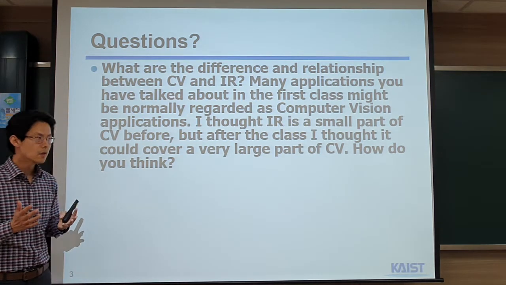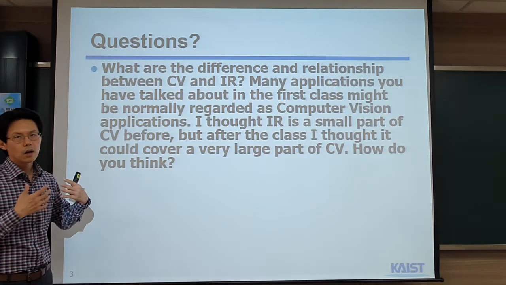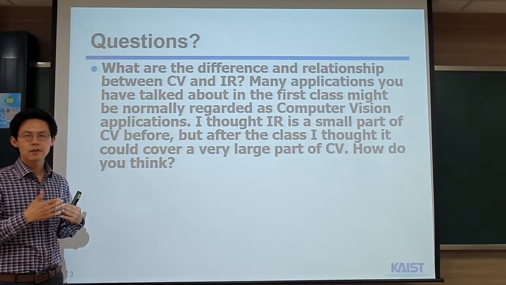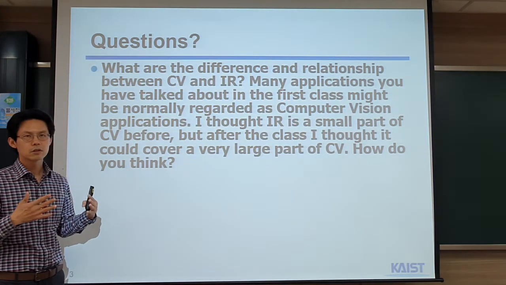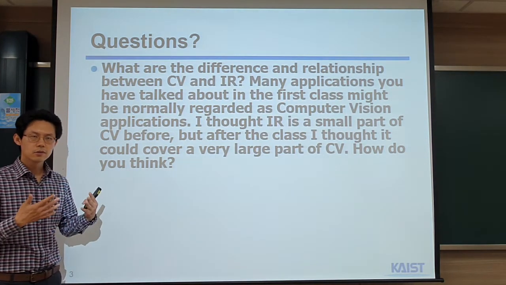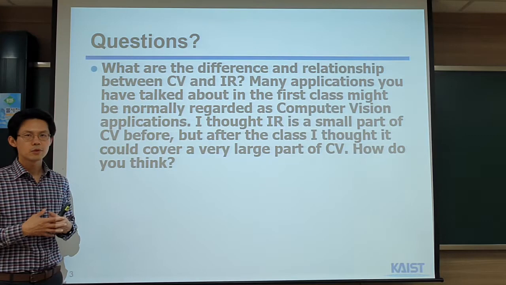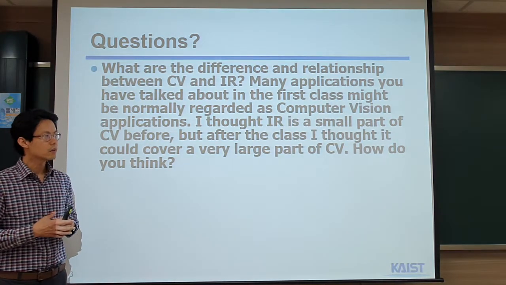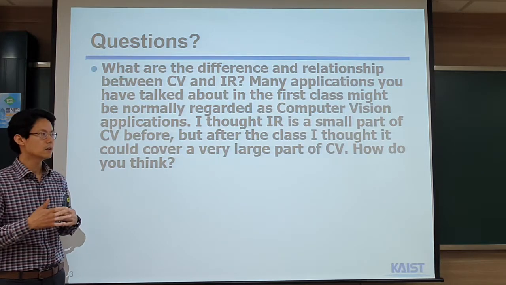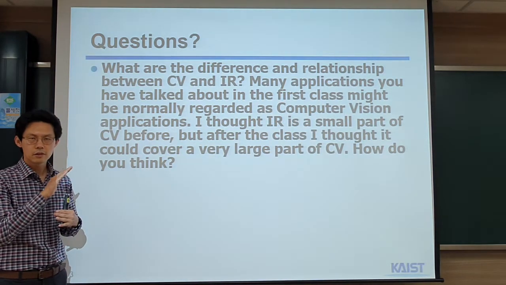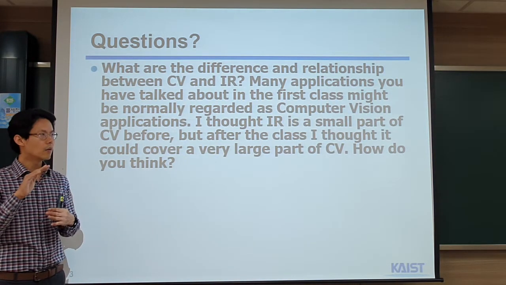Since we are looking into content-based image retrieval, along that line we need to understand images, and we need to use a lot of computer vision technology. But not just computer vision. In the end, we need to identify the related, in other words similar, images from the database.